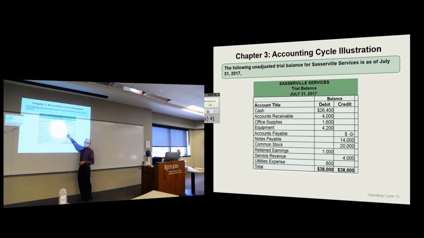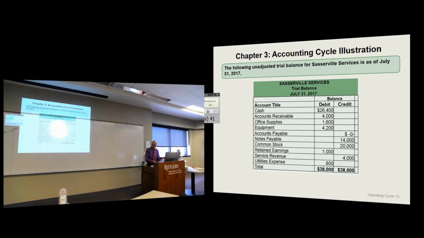Assets, current assets first, long-term assets. Liabilities, current, non-current liabilities. Equities, common stock, retained earnings, then revenues and expenses. So the way you list them is in financial statement order. Balance sheet accounts first, and then income statement accounts. So that is your unadjusted trial balance.